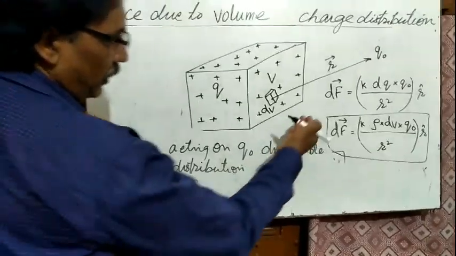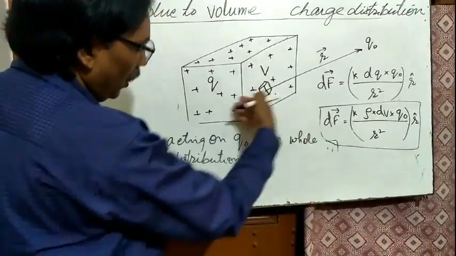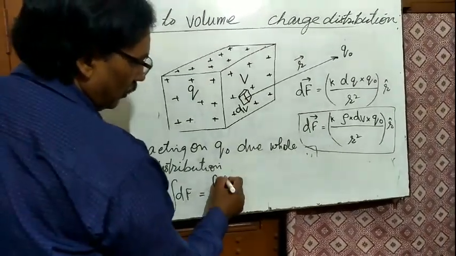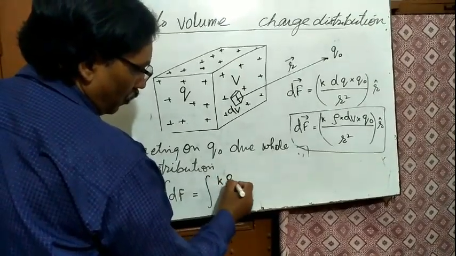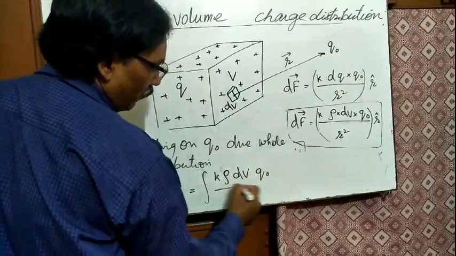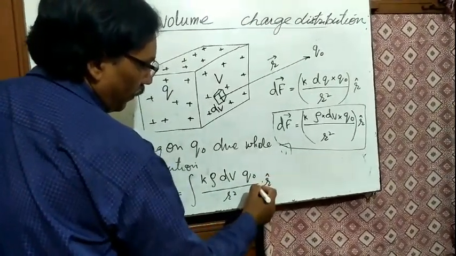Here we are integrating this expression over the whole volume. It will be equal to the integral of K rho dV Q naught by R square R cap.